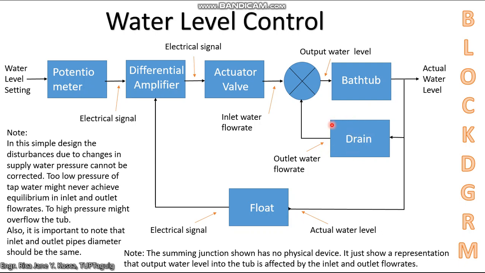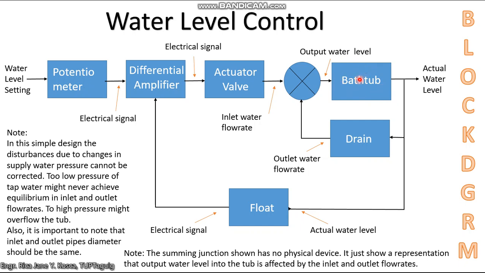Okay? So once more, the water coming out from the drain, it has a flow rate. So the water is draining, no? This representation, the water is draining, while this representation, the water is filling. So filling minus draining, it will provide what is the output water level being provided here in the bathtub.